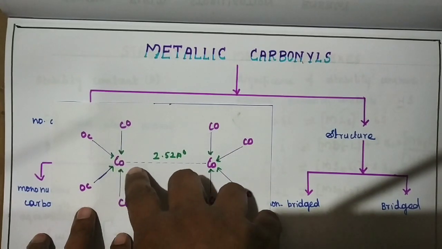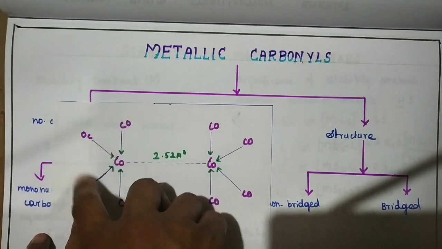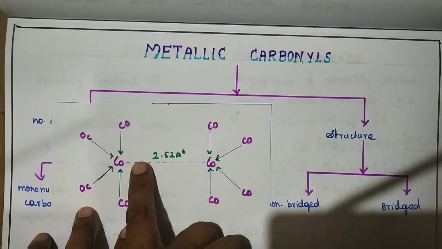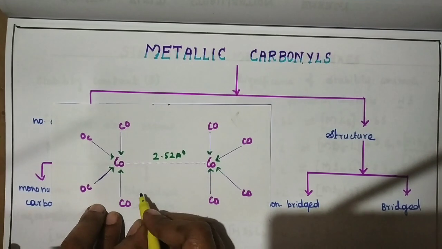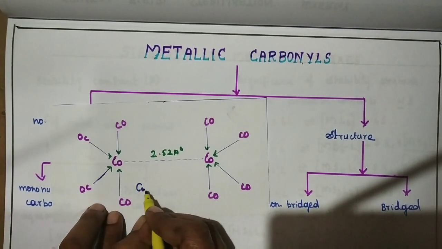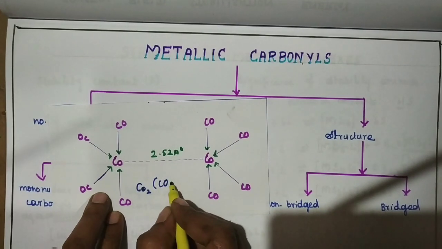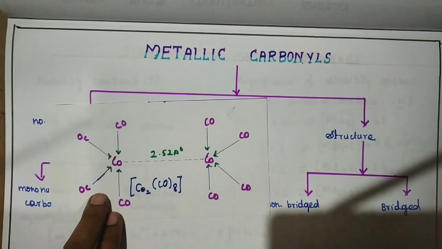This is the example of Co2(CO)8: 2 cobalt central metal ions, with 8 carbonyl ligands.